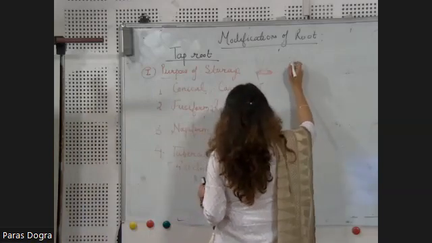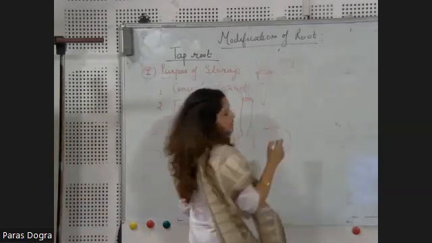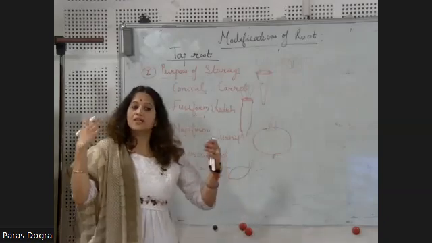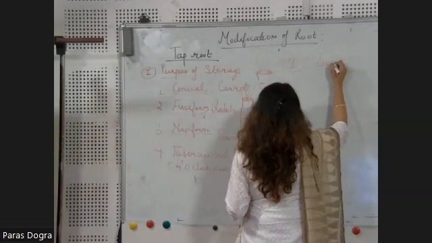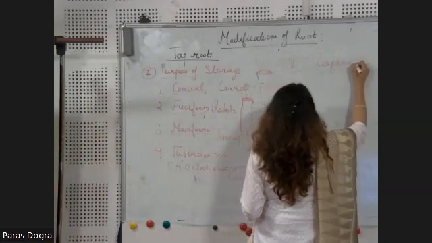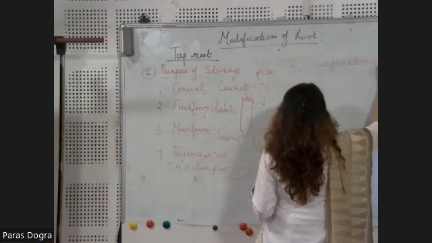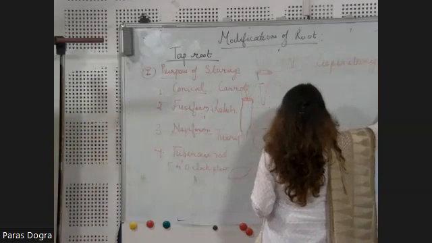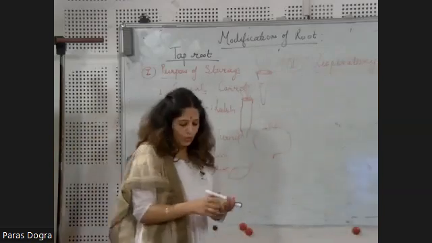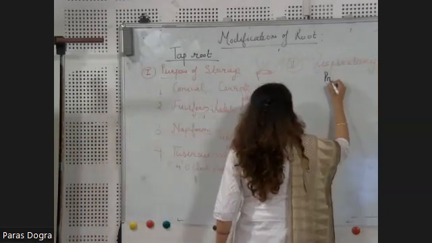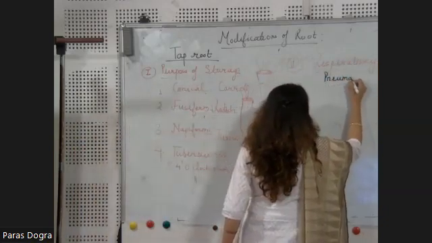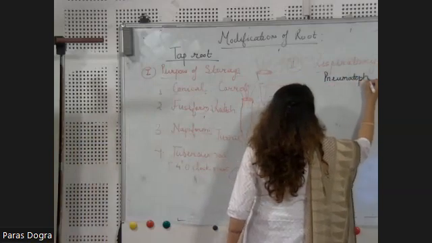Then next we have the category where the taproots are modified for the purpose of respiration, and these roots are called respiratory roots. These respiratory roots are also called pneumatophores.